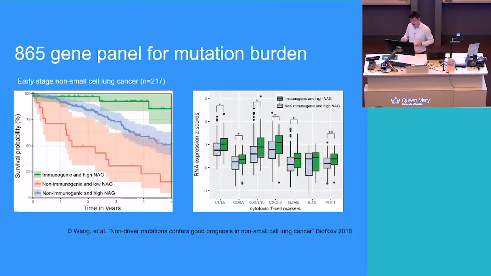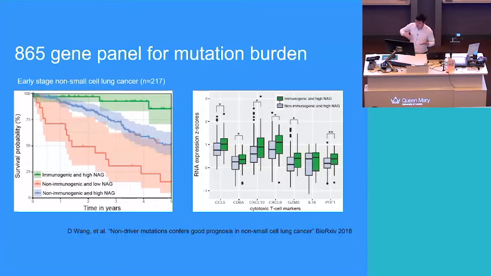Okay, and so we found that the group with immunogenic mutations and high mutation burden seems to live longer for early stage non-small cell lung cancer. Okay? Whereas patients with a low number of altered genes have a poor survival. Okay?